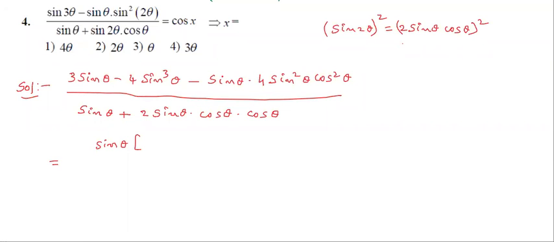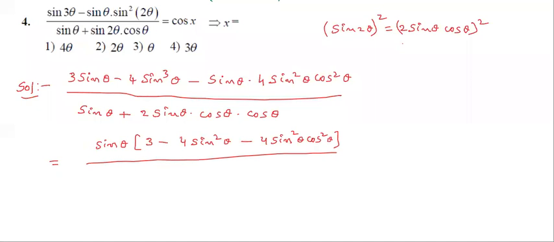Then what about the remaining? 3 minus 4 sine square theta minus 4 sine square theta cos square theta, divided by, and in the denominator also take sine theta common. Then what is the remaining? 1 plus 2 cos square theta.